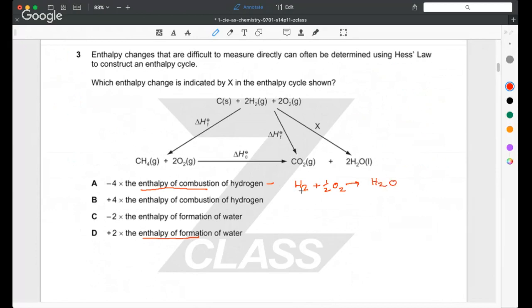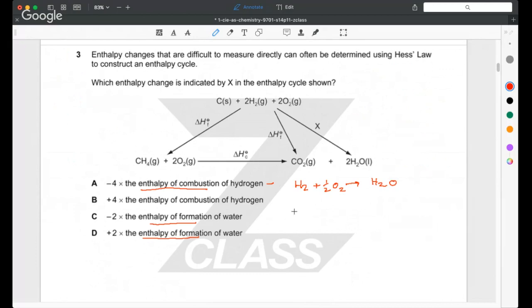You've got 1 mole completely combusted with oxygen. So that's the enthalpy of combustion of hydrogen, and then you've got the enthalpy of formation of water. The definition of the enthalpy of formation is when 1 mole of the target compound is formed from its elements under standard conditions with all reactants and products in their standard states.